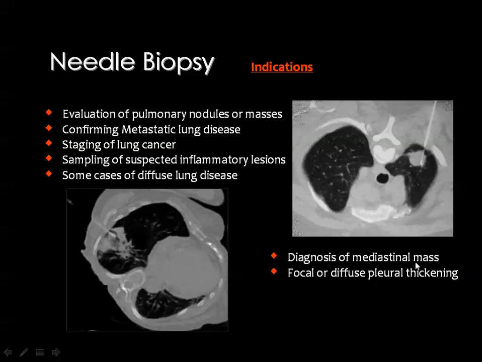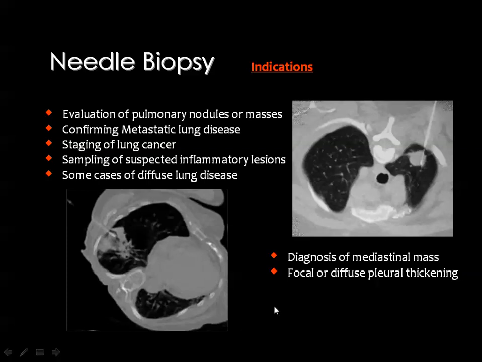Also, diagnosis of mediastinal masses, and in cases of focal or diffuse pleural thickening, we may also be able to have biopsies to confirm or to exclude the diagnosis of mesothelioma, for example.